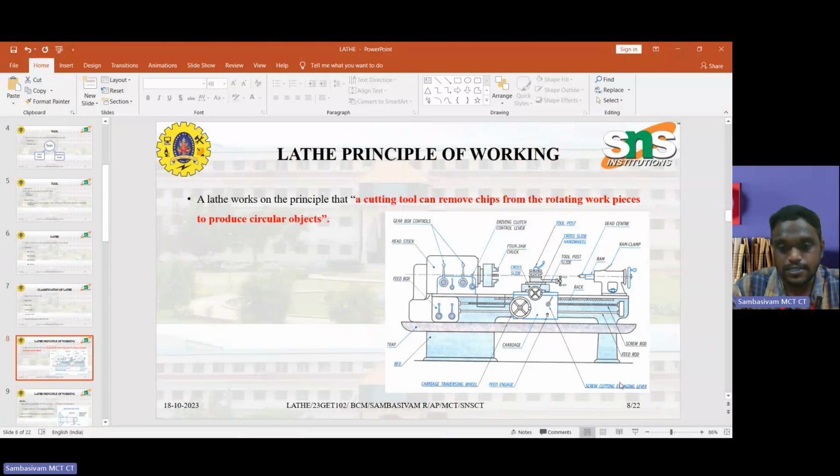The main parts are the headstock and chuck, driving box and feed box, driving clutch and controls, and the tailstock clamp. Another important part is the tool post, which carries the tools on the cross slide, and two handwheels are given, one for depth of cut, another for feed rate. The carriage moves the entire tool post, and the lead screw also moves it.